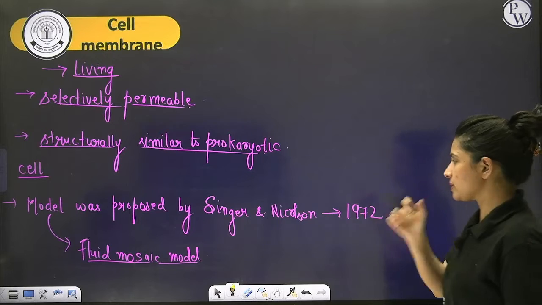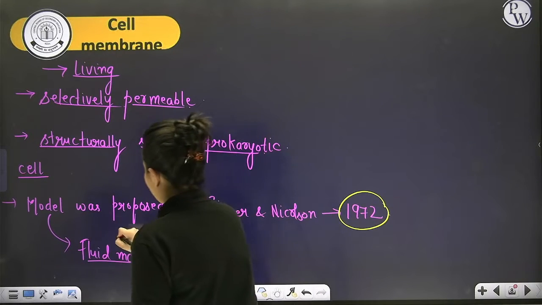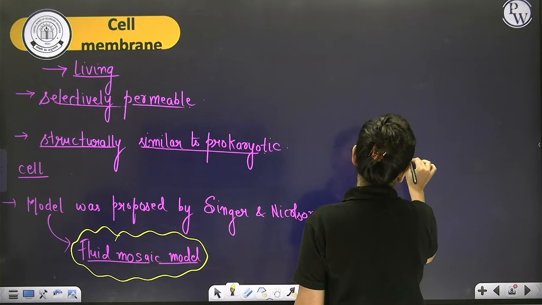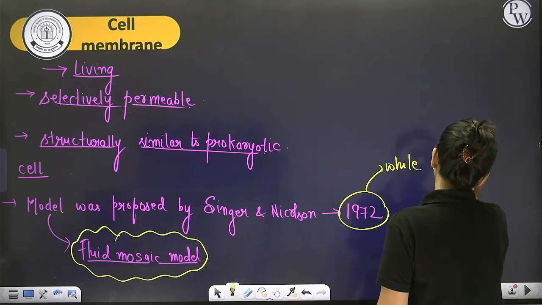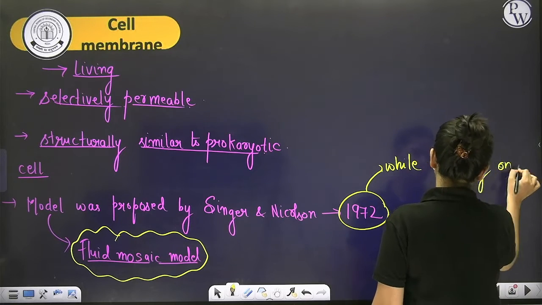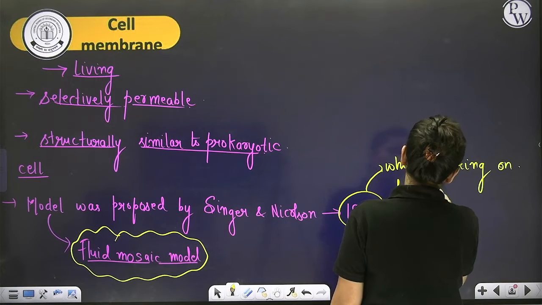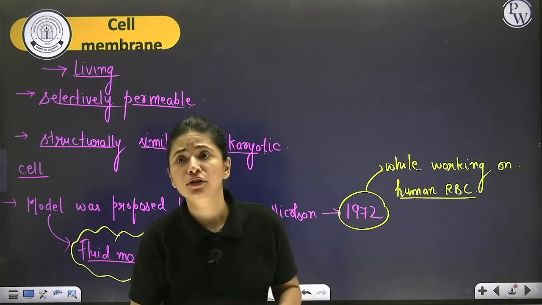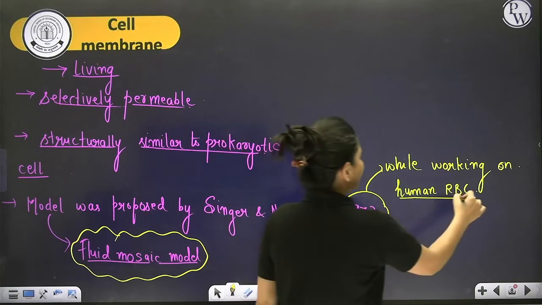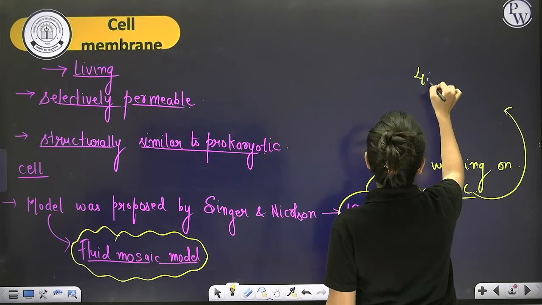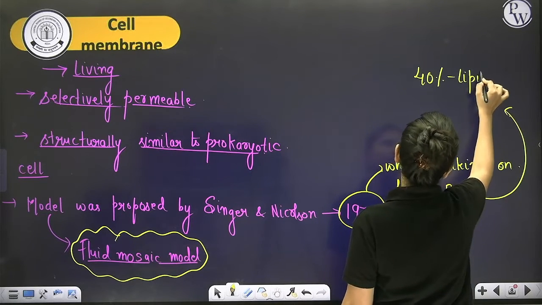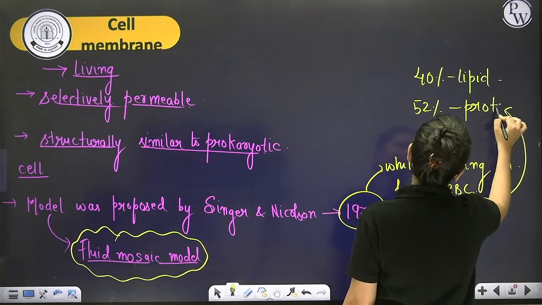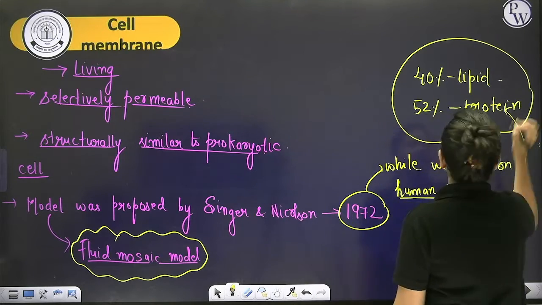So the model was proposed by Singer and Nicholson in 1972 while working on human RBC under a well designed electron microscope, where they found that human RBC consists of 40% lipid and 52% protein. Correct? Yes or no?